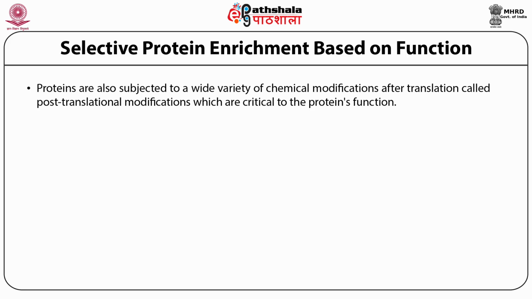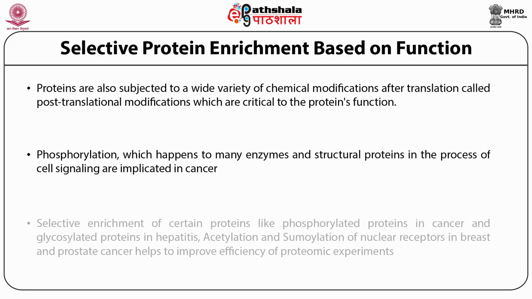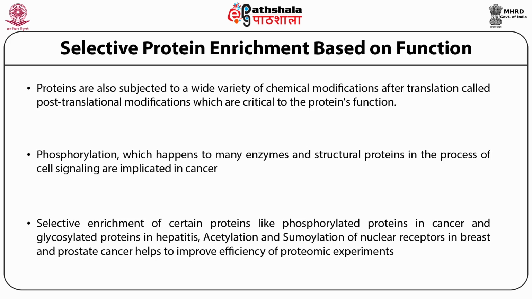For example, phosphorylation, which is an integral part of many enzymes and structural proteins in the process of cell signaling, is implicated in cancer. Therefore, selective enrichment of certain proteins like phosphorylated proteins helps in a better understanding of signaling pathways that are triggered in cancer.